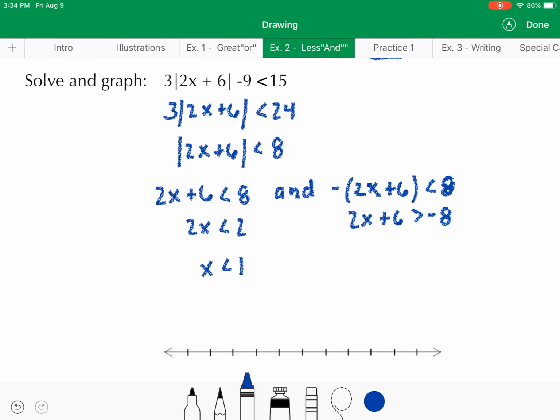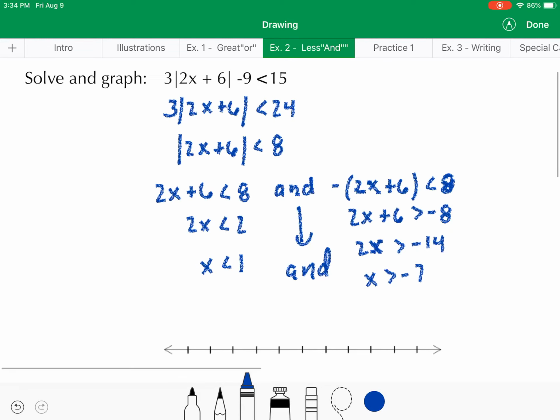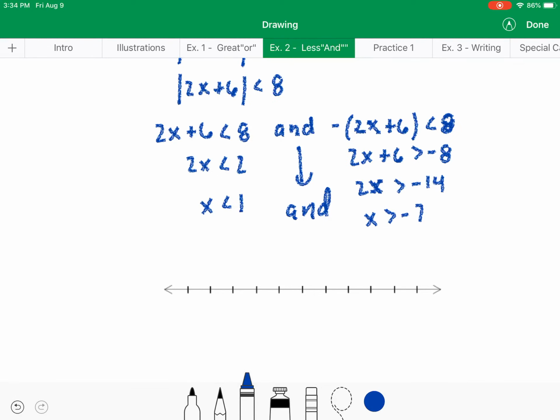Flip that inequality symbol. Carry that word "and" down, don't forget about it. And let's graph here. Let's see what we end up with. All right.